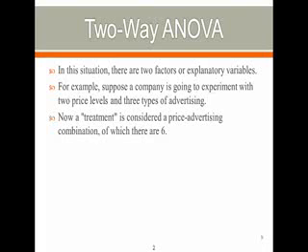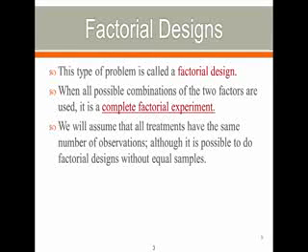What we have to consider now as a treatment will be the combination of price and advertising. We specify the price, we specify the advertising, and since there are two price levels and three levels of advertising, it will be 2 times 3, 6. Therefore, we have here 6 treatments.